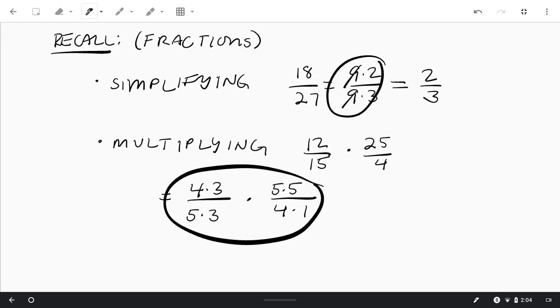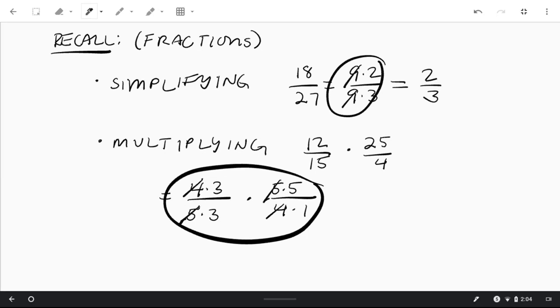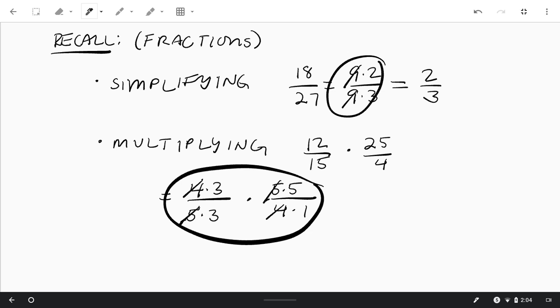You're going to be doing this factoring part, and then you cancel the common factor. So we have 5 there and 5 here that we can cancel with. And then we also see that we have the 3 and the 3. So it's not that you have to go diagonal all the time. You can go top and bottom.